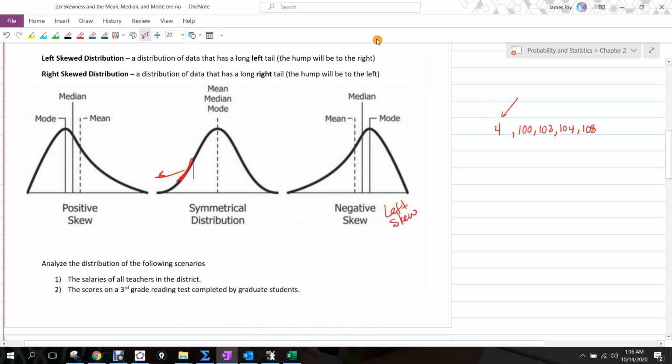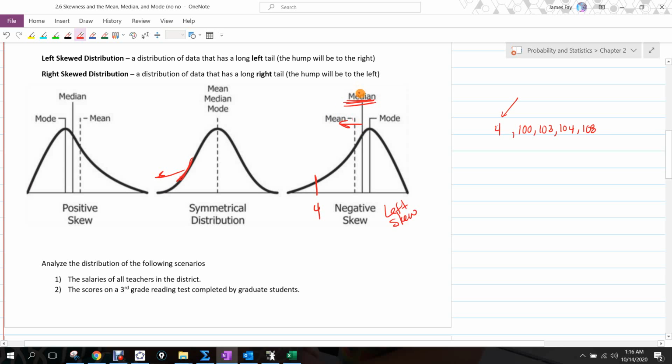So the mean has been pulled over towards that value of 4 in my data. So the mean no longer is the best descriptor of the middle.